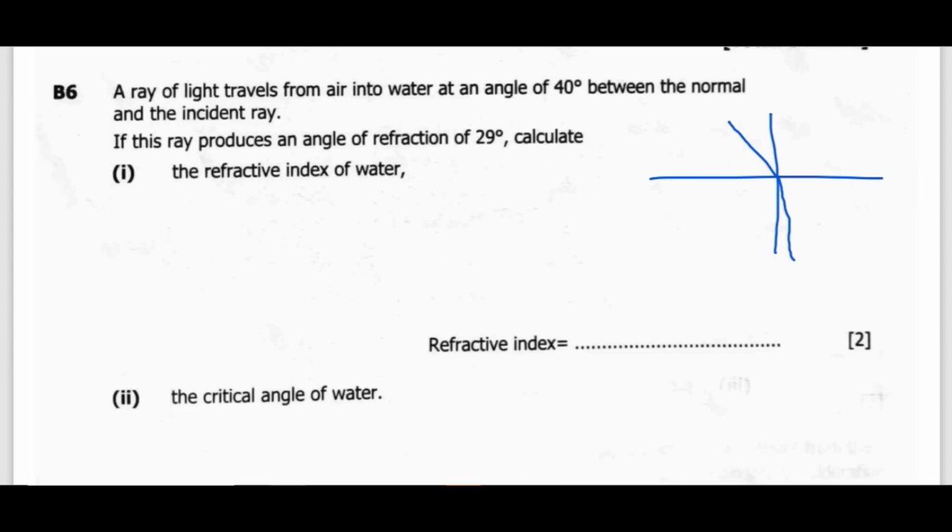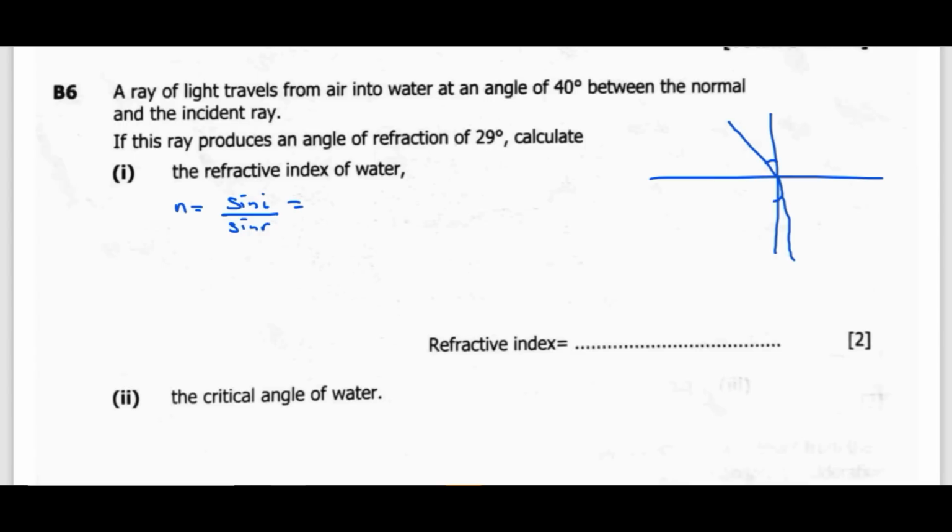How do we find the refractive index of water? Refractive index is equal to the sine of the angle of incidence over the sine of the angle of refraction.